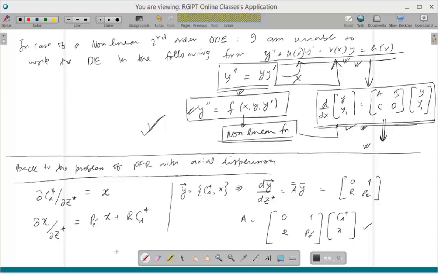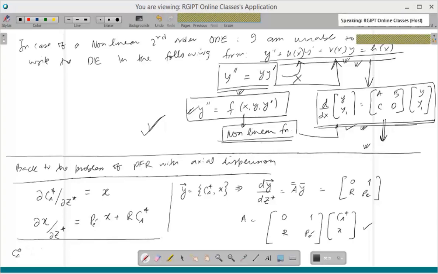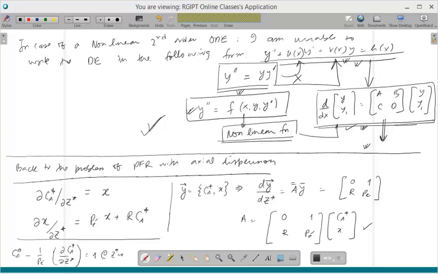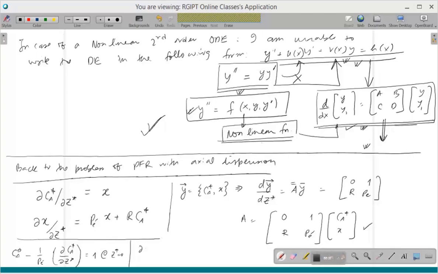The boundary conditions read: CA star minus 1 by the factorial number times del CA star by del Z star equals 1 at Z star equal to 0, and del CA star by del Z star equals 0 at Z star equal to 1.